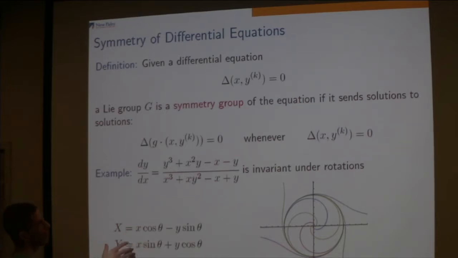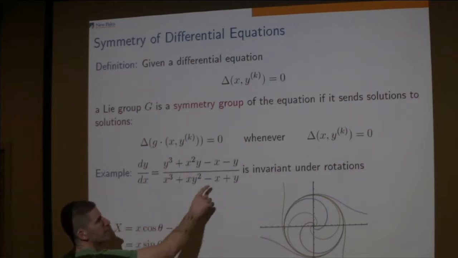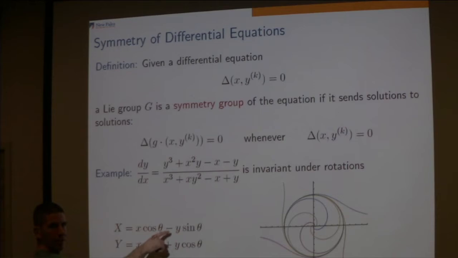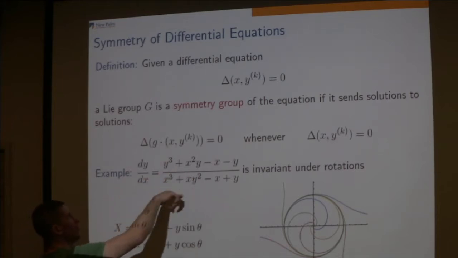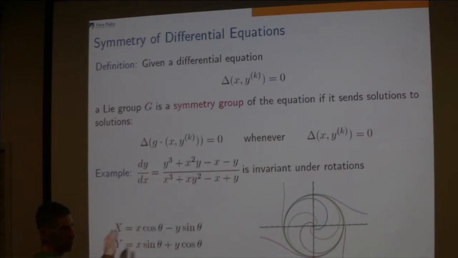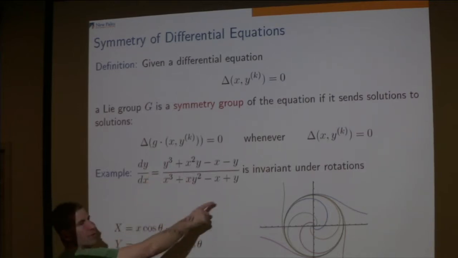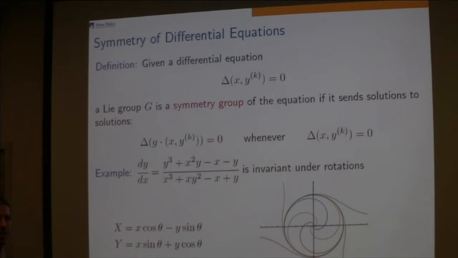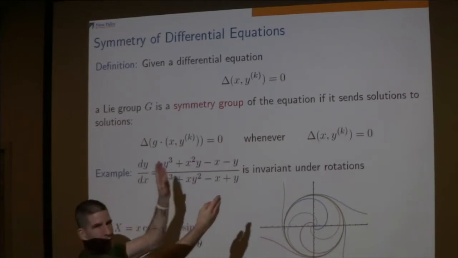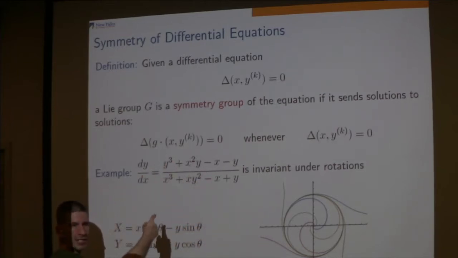If you were to replace x and y on the right-hand side by this transformation, and also compute how the first derivative transforms under the chain rule, you would transform this equation, and when you apply the rotation, you would recover the original equation. It takes this equation and sends it to exactly the same equation.